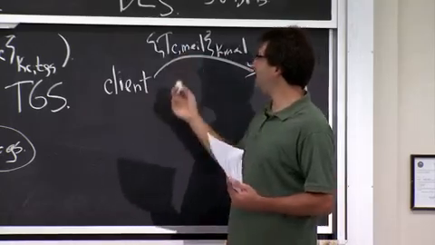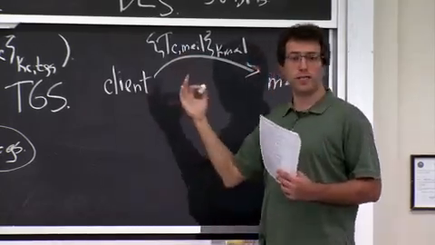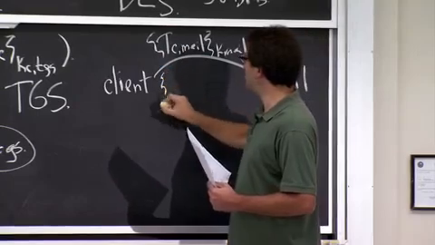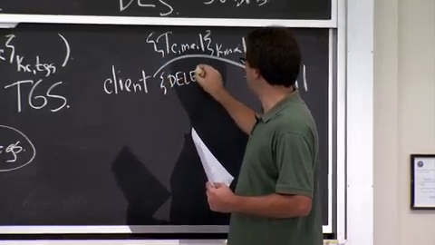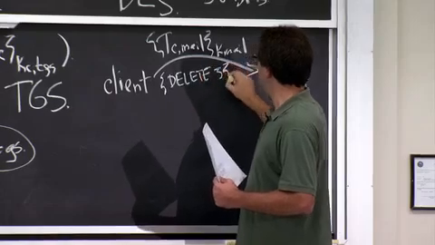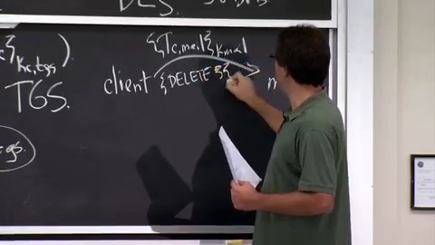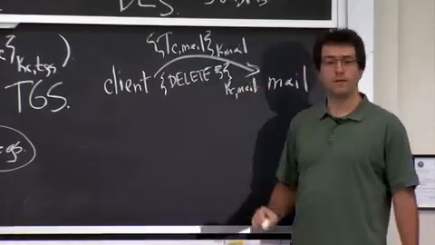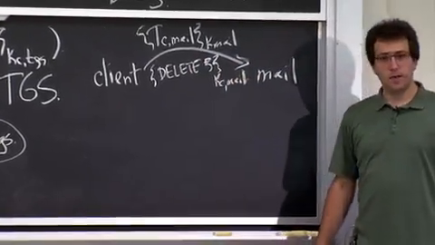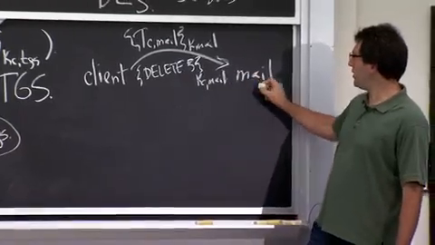And I can send some message along with this request that says something like, delete message 5, and I can encrypt this with KC mail. Does that make sense?